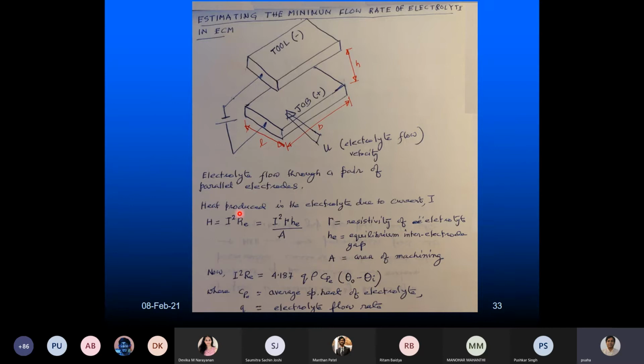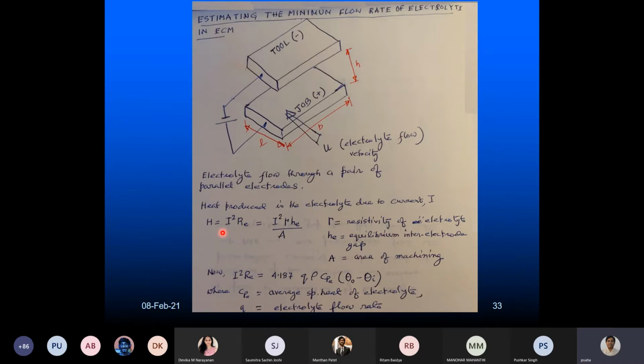Now, friends, electrolyte flows through a pair of parallel electrodes. The heat produced due to Joule's heating in the electrolyte within the gap, due to the passage of current I, how much heat will be generated? The rate of generation of heat will be I square into the resistance of the electrolyte.